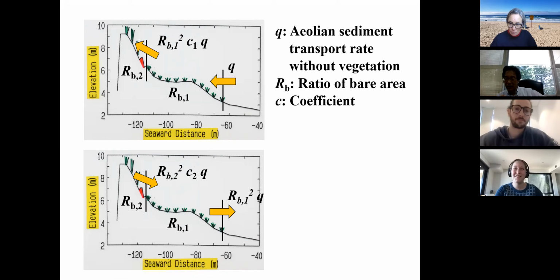Is that the answer to your question? Okay, thank you. So I guess the vegetation acts more as a stabilizing factor, and it's not really sourcing a lot of the sediments that are being transported to the back beach.